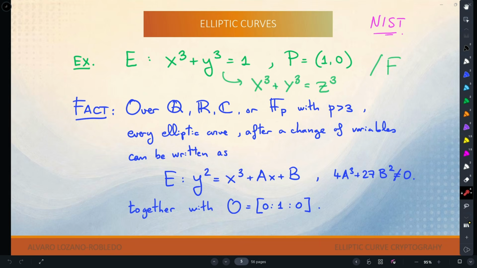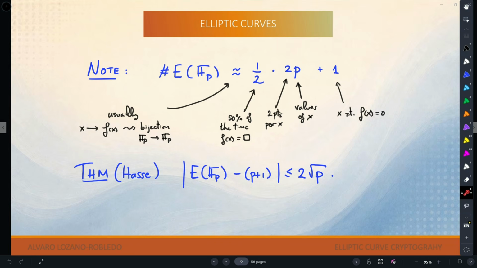And then the other numbers, half of them are squares modulo p, and half of them are not. Okay? And in general, if p is not 3, for example, many times cubic polynomials are actually bijections from F_p to F_p.